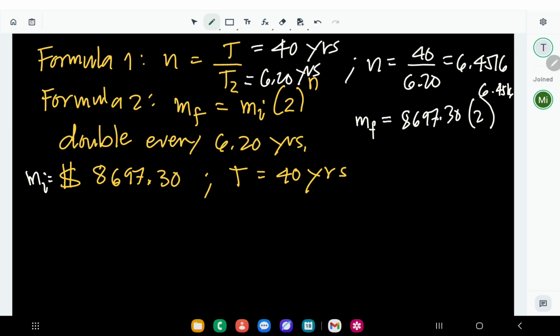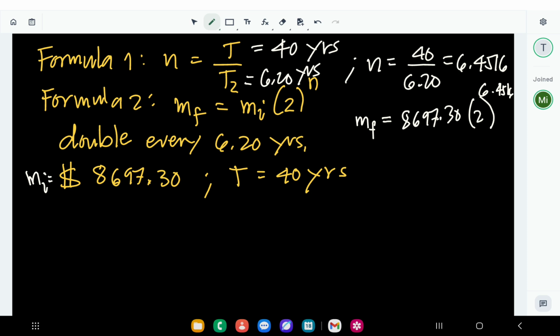So don't round off values except your answer. Don't round them off yet. So that would be 2 to the 6.4516, times 8,697.3.